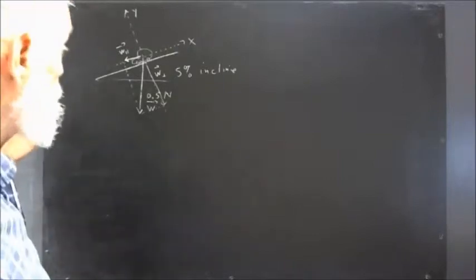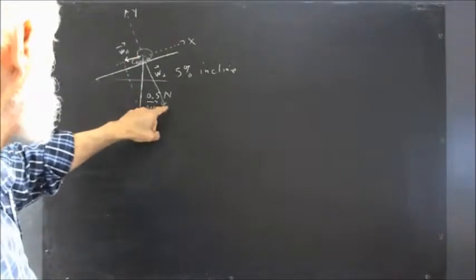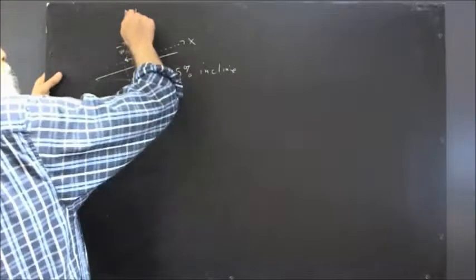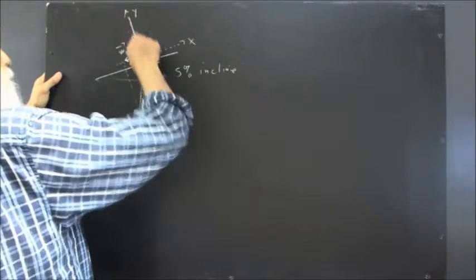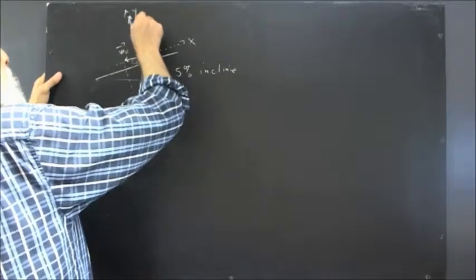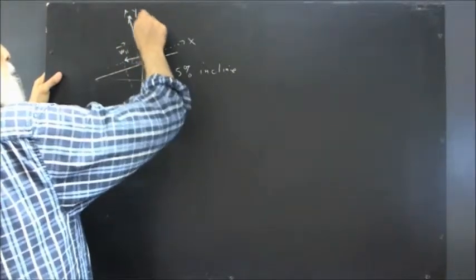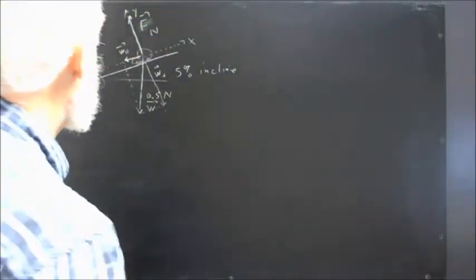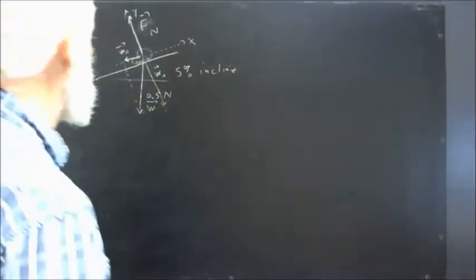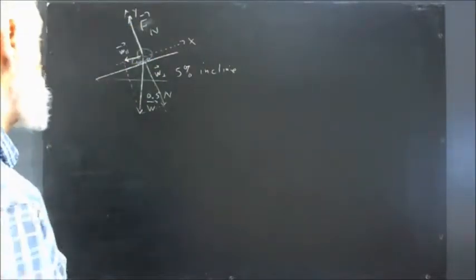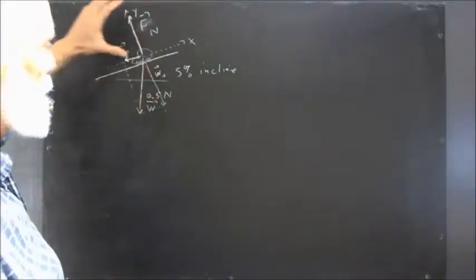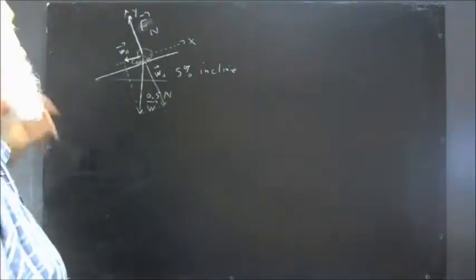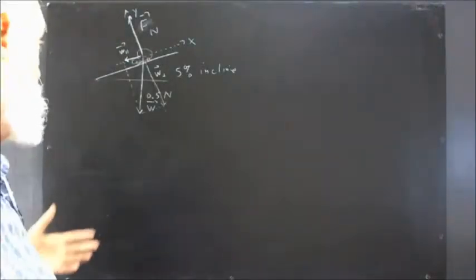In the absence of other forces, your normal force will be equal in magnitude and opposite in direction to your W perpendicular vector. So you're going to have a normal force up here. It's not quite long enough, and I'm going to use F sub n. A lot of times just plain old n is used for the normal vector. Just for clarity, I'm going to usually use F sub n. So the picture isn't anywhere near to scale, and this vector is somewhat too short, but we still have a depiction.